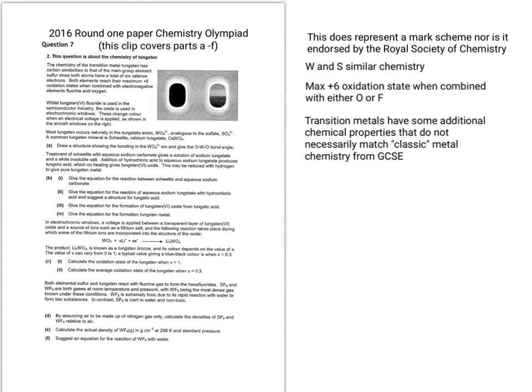So it goes on to talk about tungsten 6 fluoride being used in the semiconductor industry and oxide of tungsten being used in electrochromic windows. So electrochromic windows basically change colour when an electrical current or voltage is applied. So when electrons are passed across them, they change colour.